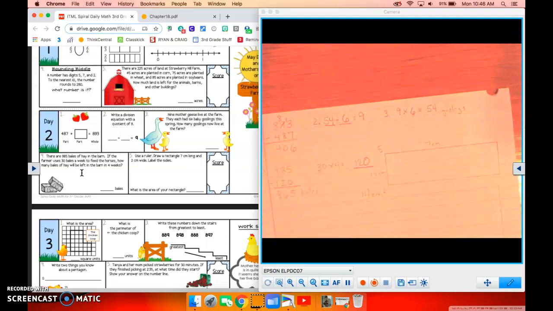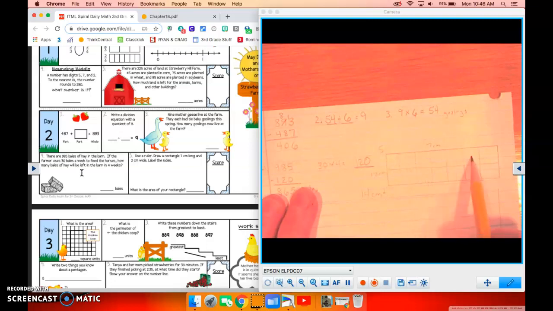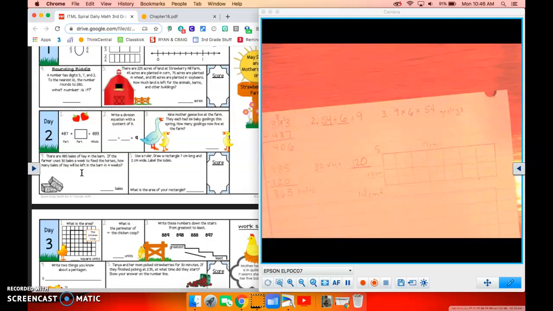And we want to put the little squared symbol on that, and remember, we're going into square centimeters. So there would be 1, 2, 3, 4, 5, 6, 7, 8, 9, 10, 11, 12, 13, 14. That's kind of how that works out.